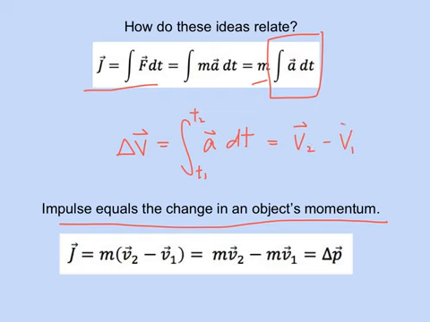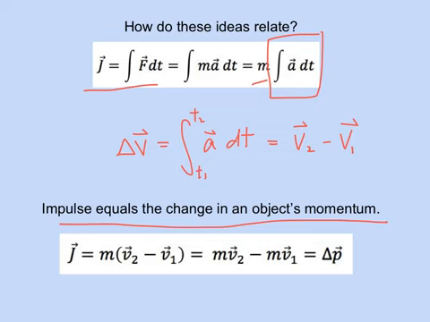And so that would just be our change of velocity, our second velocity minus our initial velocity. So we're able to say that impulse, which we could find by either integrating a function or taking a constant force times time or looking at the area, is going to equal an object's change in momentum.